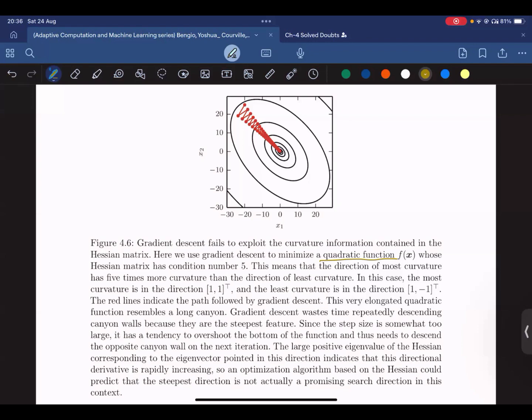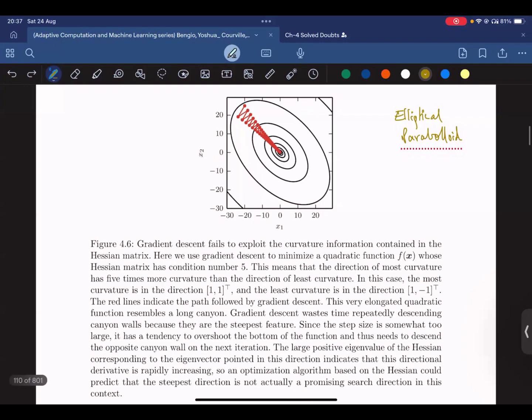Does it look like a paraboloid? Yeah, it's most likely an elliptical paraboloid. But I was just trying to implement this, and I was getting the opposite. The farther I go from the origin, this spacing was getting reduced. Probably I messed up the definition of its contour lines. I'm not sure. I have to check again.